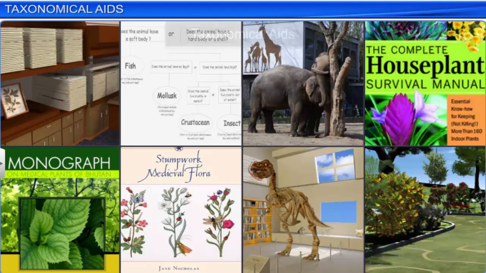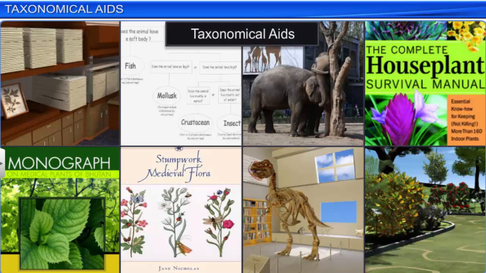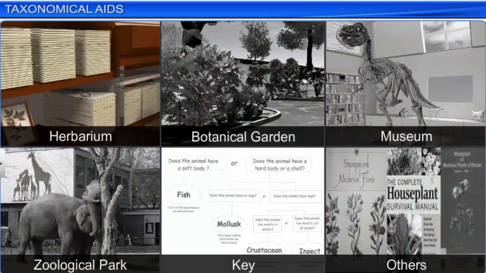These are also known as taxonomical aids. Herbariums, botanical gardens, museums, zoological parks, and keys are some examples of taxonomical aids. Let's learn a little more about these aids.